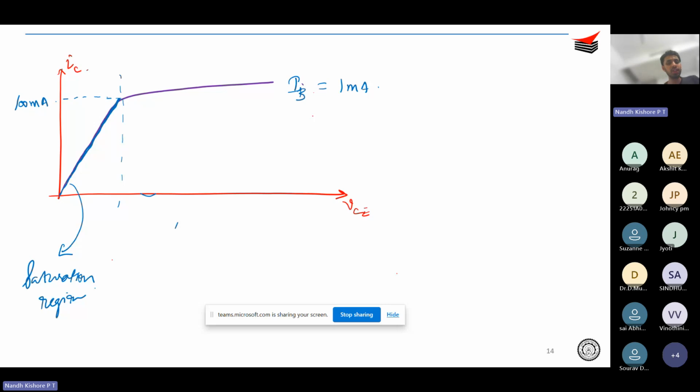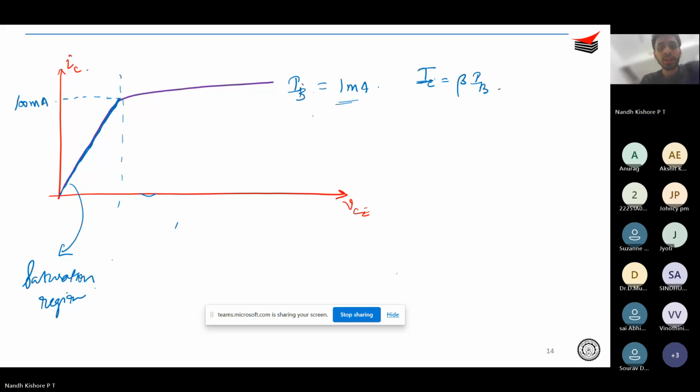So you have fed 1 milliamp constant, from a DC source, to the base of the NPN transistor. In this region, what happens? Your IC is going to constantly increase with VCE. You are also aware that IC is equal to beta times IB.